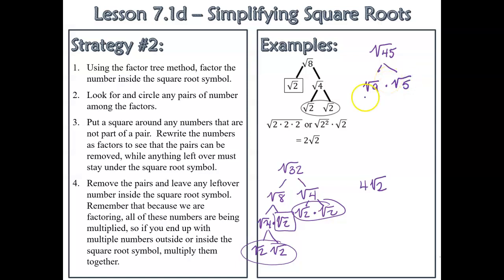I can break down that 9 further into the square root of 3 times the square root of 3. Can't go any farther with the square root of 5, but I have a pair of 3's here. Remember, I'm pulling one to the outside for every pair without the square root sign, leaving what's left over inside. So whatever method you would like to use, that is up to you.